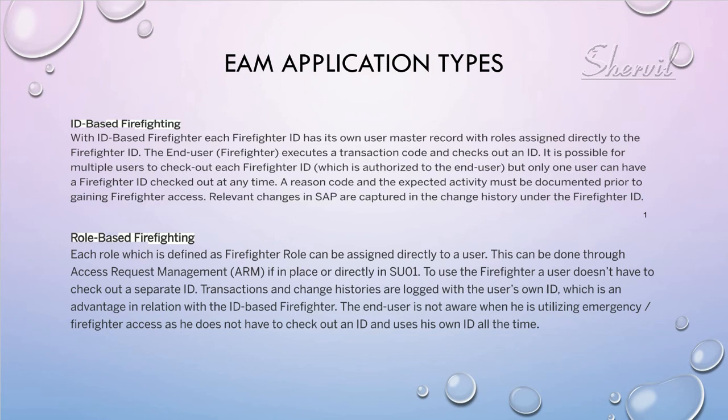In role-based firefighting, you create the firefighter roles on the plugin and backend systems like ECC and BI, and then assign those roles to the users on the GRC system side.